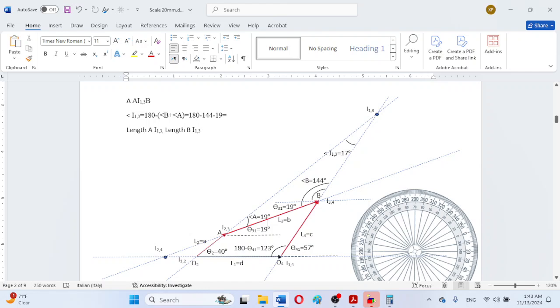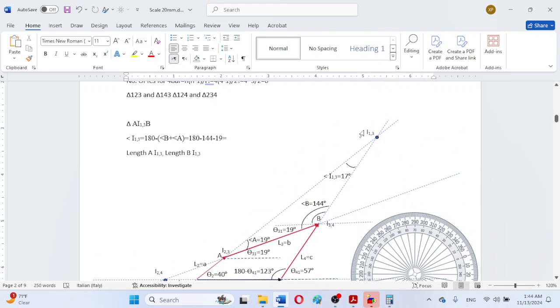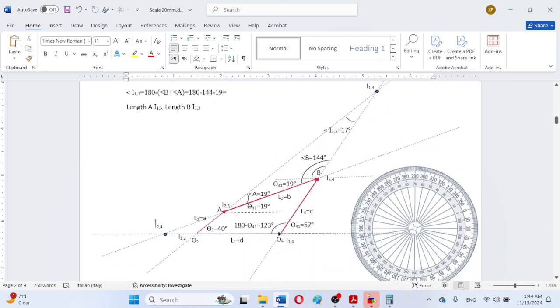Here at this stage I will be answering a question that was asked by a student in the class. The student's question was: why are we using the instant center I1,3 instead of instant center I2,4?